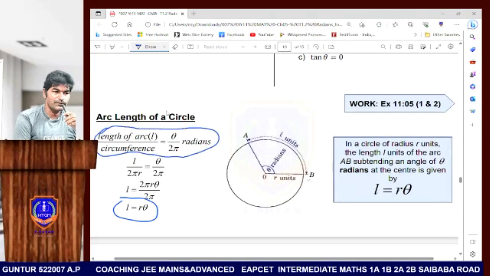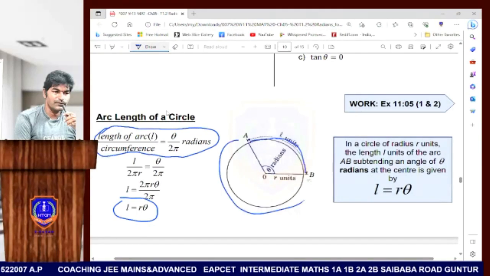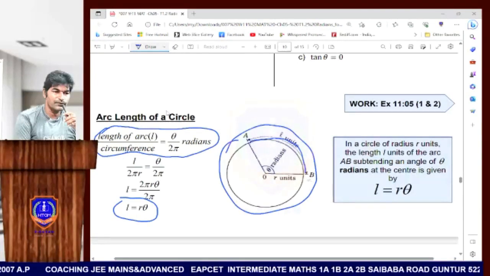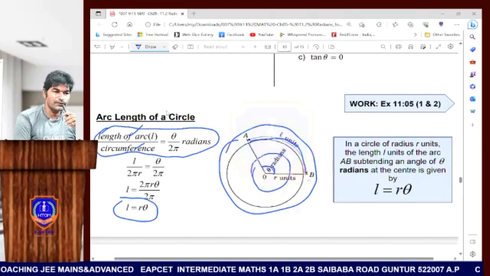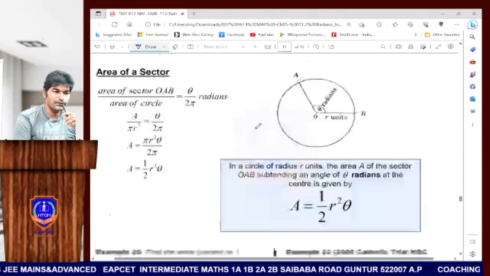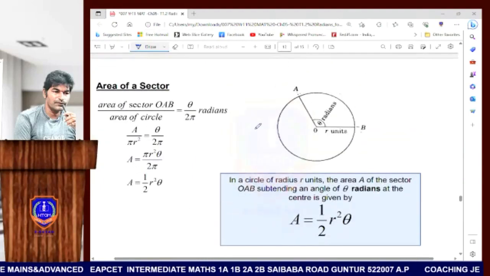Observe this equation: the length divided by the total circumference, and the angle covered divided by the angle of the entire circle. In this way we calculated the formula. The same procedure is applied to calculate the sector area also.